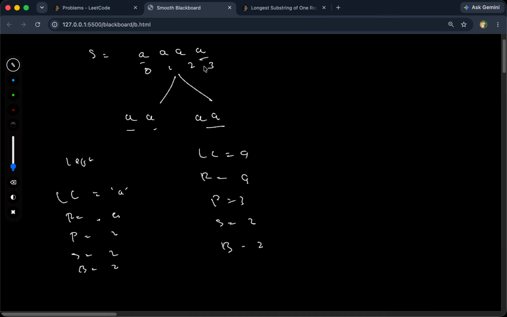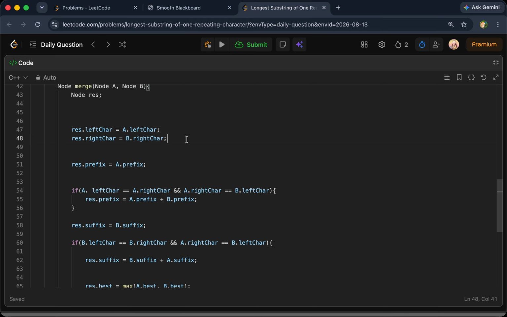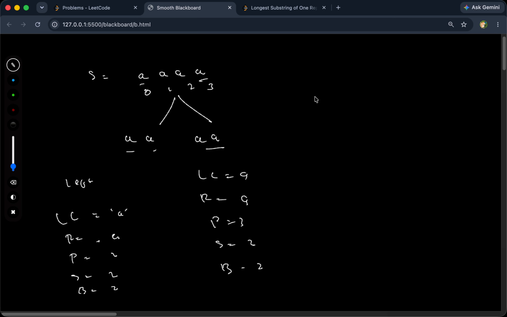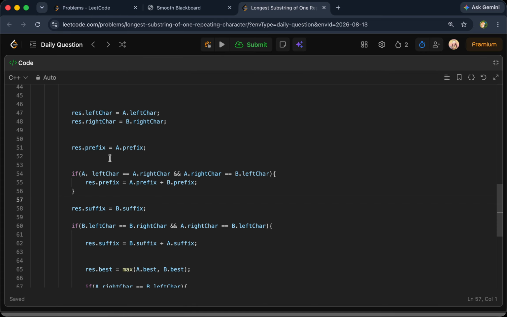So now we check. Let's replace the values. First condition, if left character is equal to a, see here, if first character a is equal to a, it was true. The second condition, right character is equal to b.left character, so a is equal to a, true. Both are true, therefore for prefix we use this line. Okay, this line.